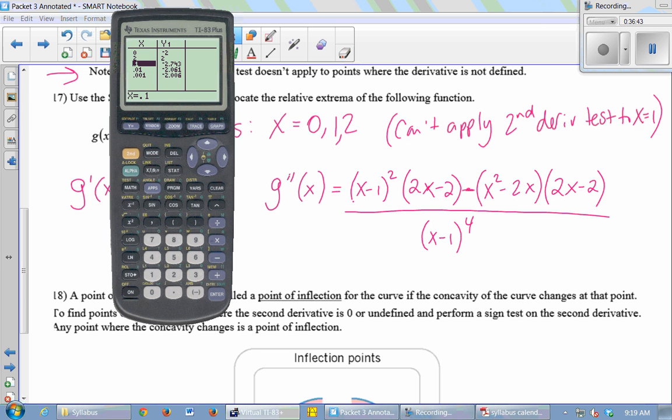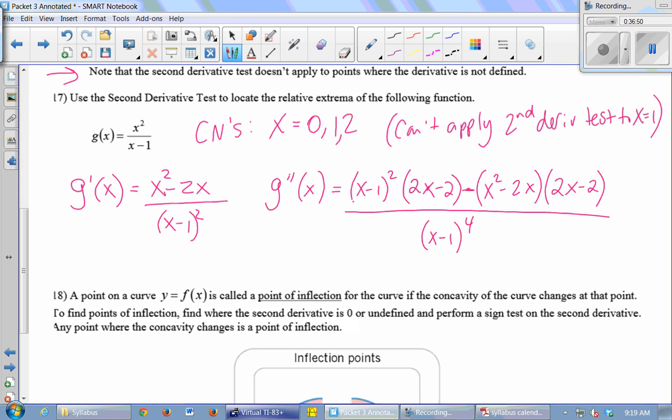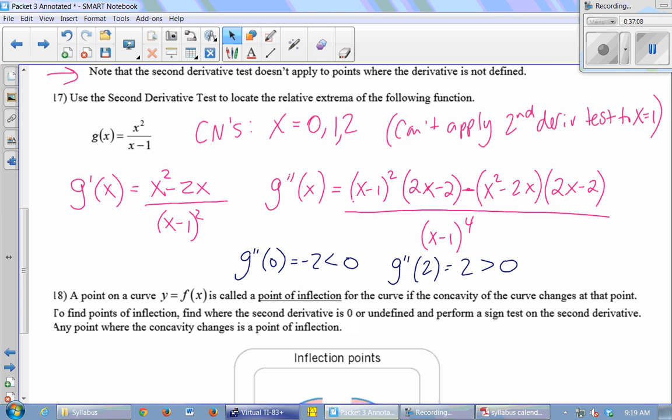So write that down. g double prime of 0 is negative 2. And g double prime of 2 is 2, which is positive. And g double prime negative means that the graph here is concave down. So I've got a horizontal tangent line at 0, and the graph is concave down, which means that it's a max.